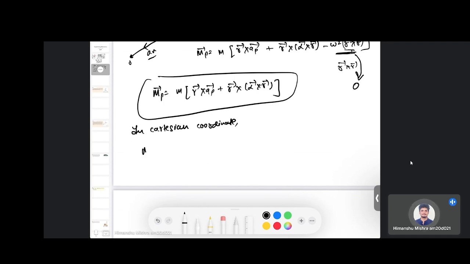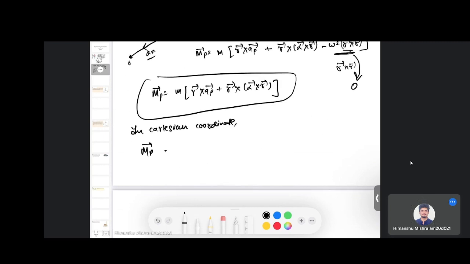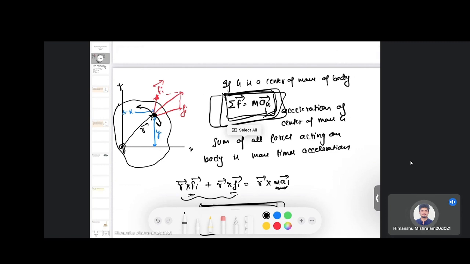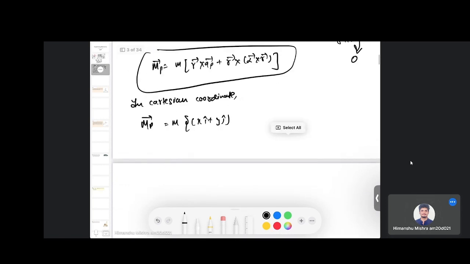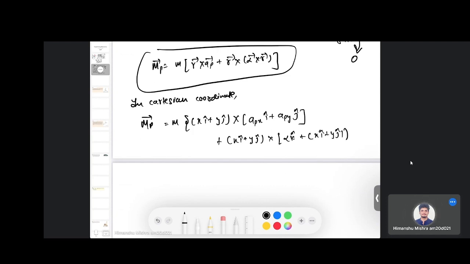So in the Cartesian coordinate, you will have mass, x i cap, y j cap, and x and y are already defined in this figure, cross apx, apy, so plus x i, y j, and if there is an angular acceleration, alpha plus x i, y j.